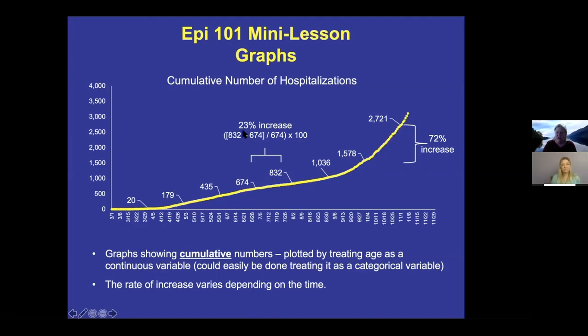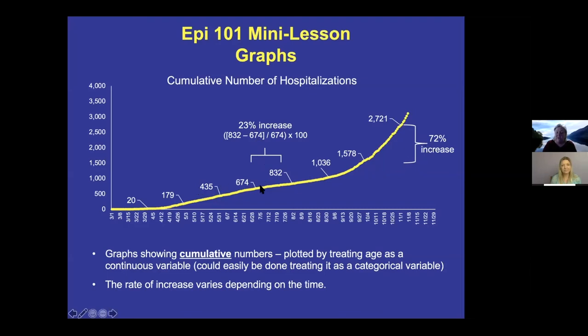And if you look at the actual percent increase, you can see that here in the month of July, we had a 23% increase in the number of cases between here and here. Whereas over here in the month of October, between here and here, it increased 72%.